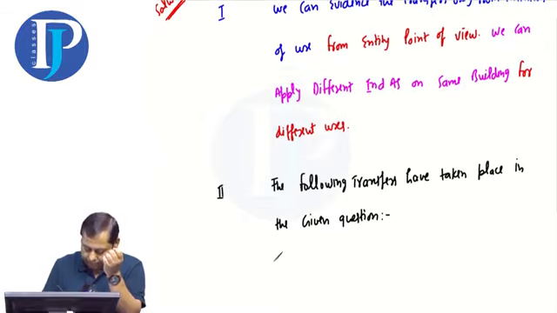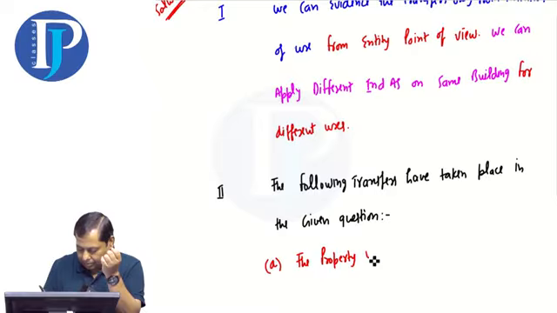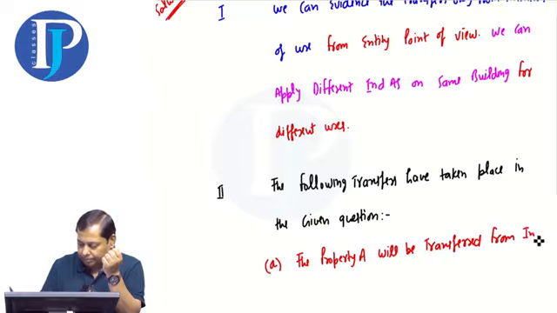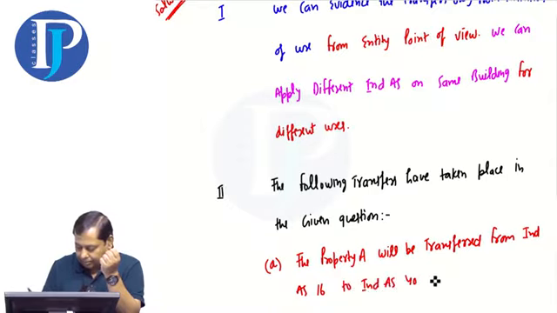First is the property A will be transferred from Ind AS 16 to Ind AS 40 at rupees.